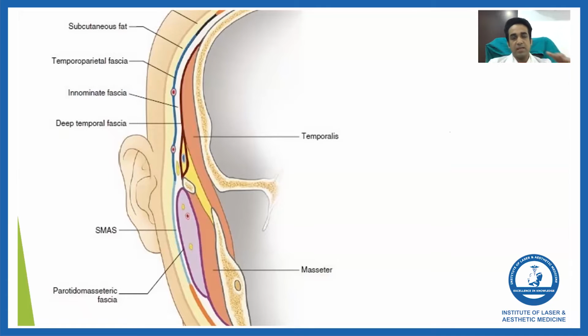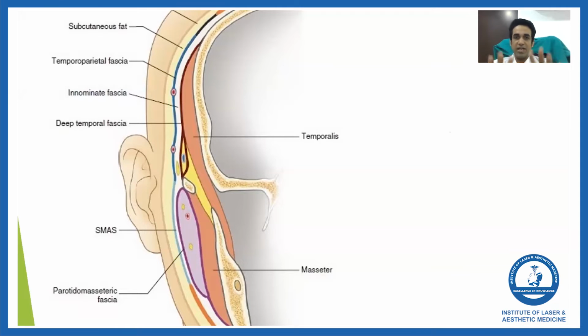So that means this is a system, and that is why it is called the superficial musculo-aponeurotic system. This system is continuous. It starts from the platysma and goes all the way to the zygomatic arch. Here I am pointing out the zygomatic arch because this is what divides the SMAS from the aponeurosis.